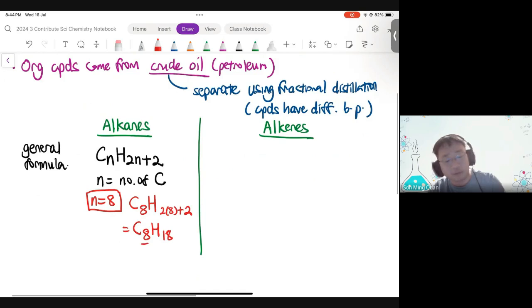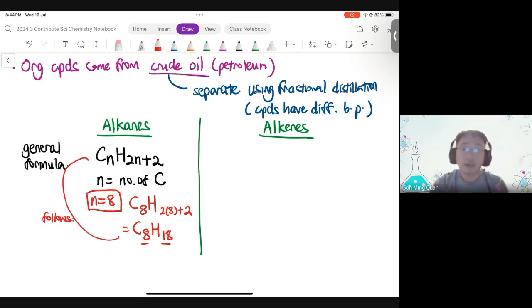So this formula shows you that it's an alkane because it follows the general formula CnH2n+2. Okay, so it's quite common. They do ask you, explain how the formula C8H18 shows that it's an alkane. It's an alkane because it follows the general formula CnH2n+2.